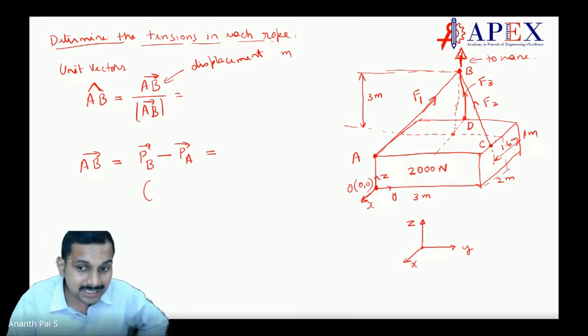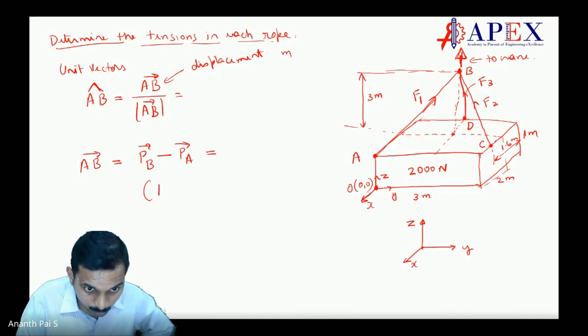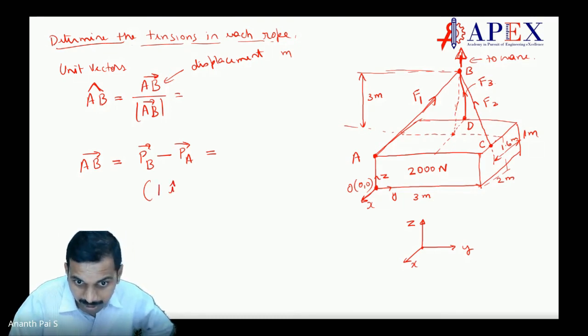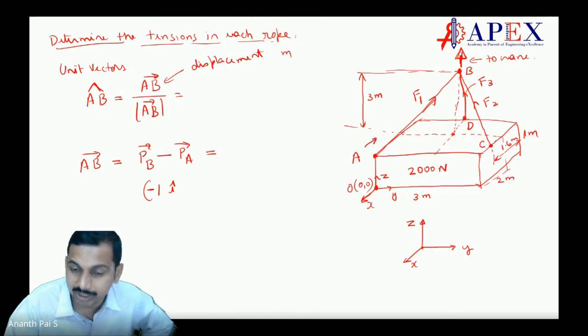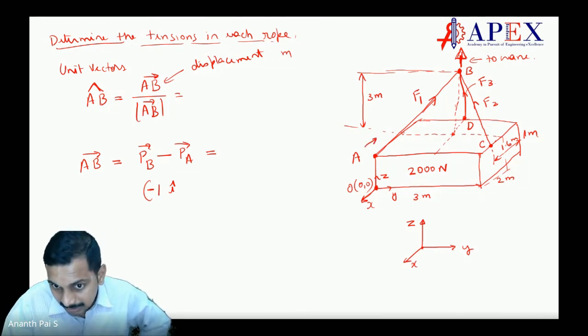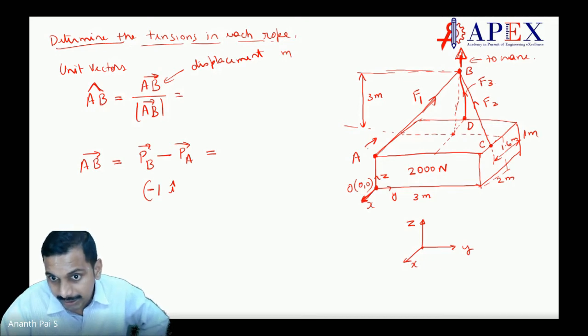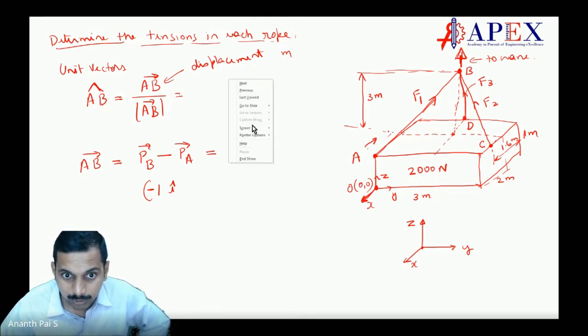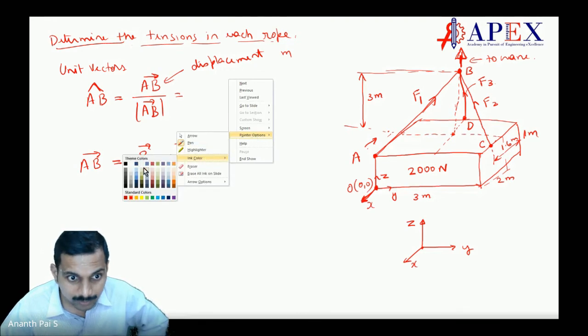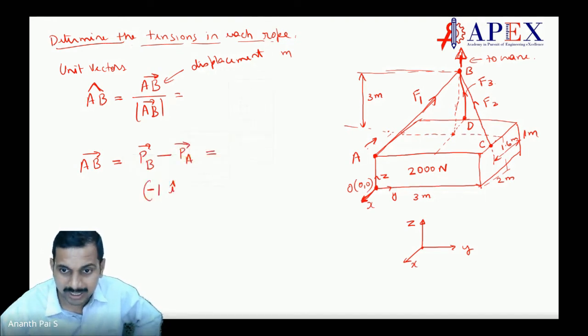So I can say this is minus 1I because I am going in the negative direction. This is the positive direction. I am going in the negative direction for 1. I'll reach here. I will use a blue color. It's very easy, students, but it's also very easy to get confused.